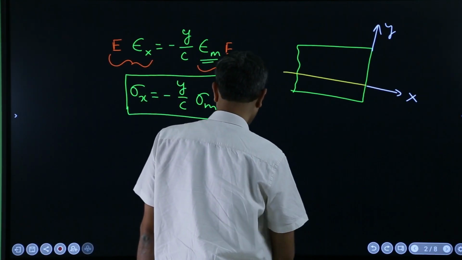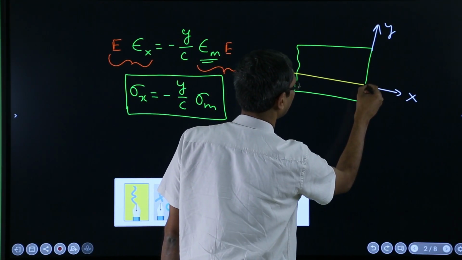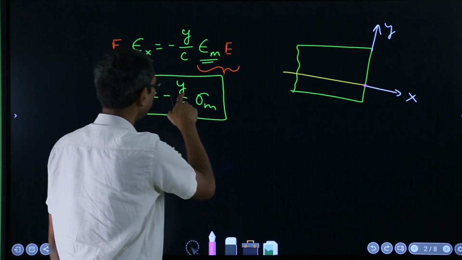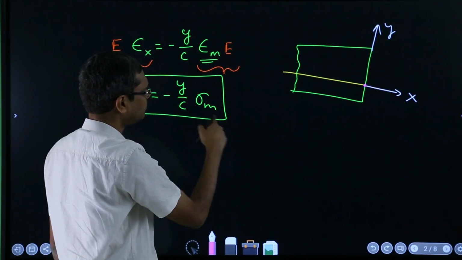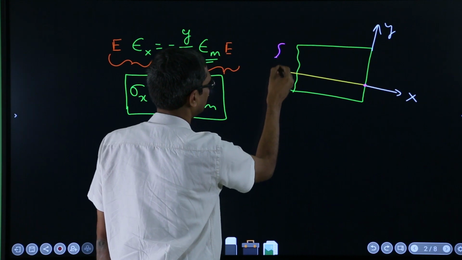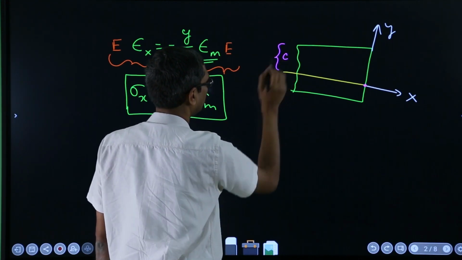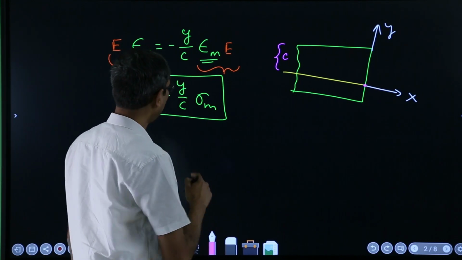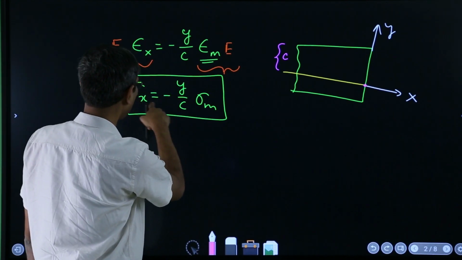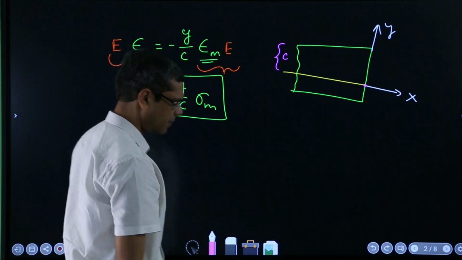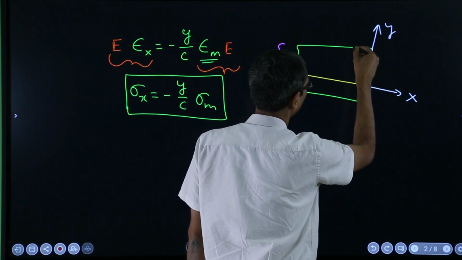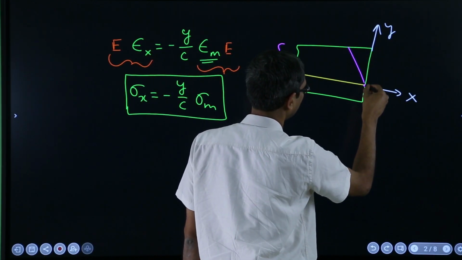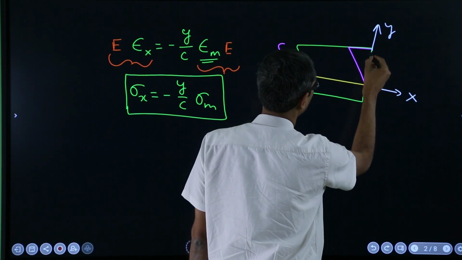So sigma x is 0 at y equal to 0, but when y is positive c, suppose this distance is c, the maximum distance from the neutral axis, then at that point it is minus sigma m, and it varies linearly.